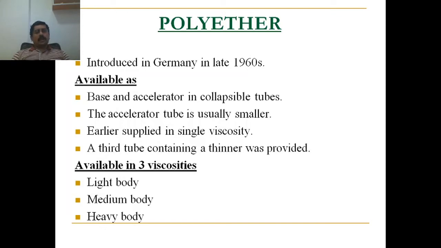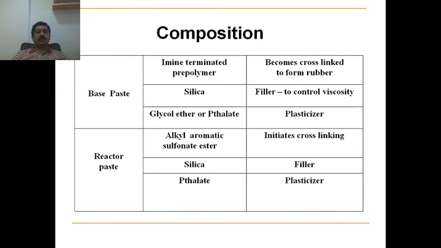There are polyethers which are supplied in 2 tube or 3 tube systems also. In the 3 tube method, the third tube contains a thinner which is provided along with the other 2 tubes. They are available in 3 viscosities: light body, medium body and heavy body.